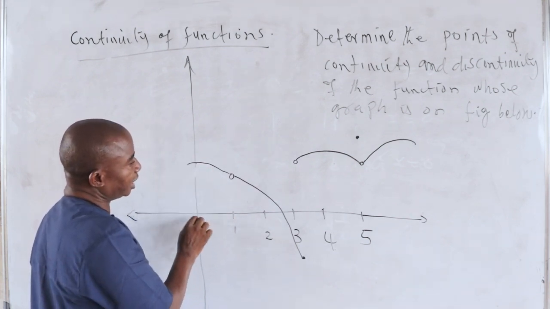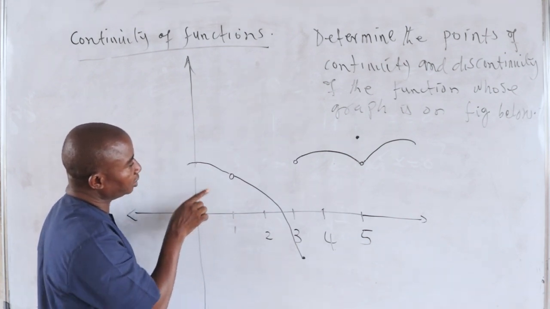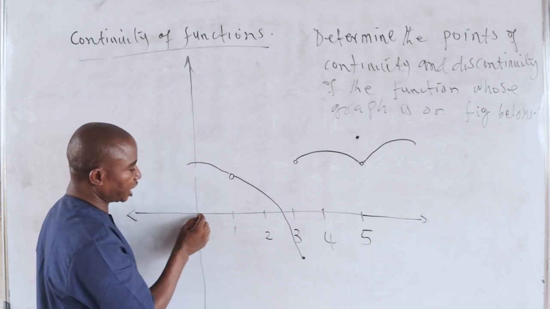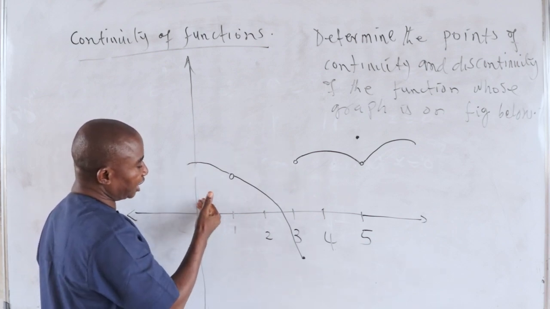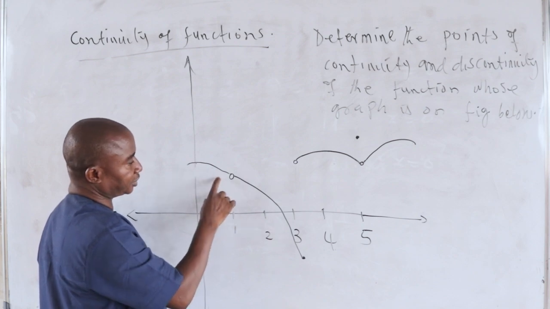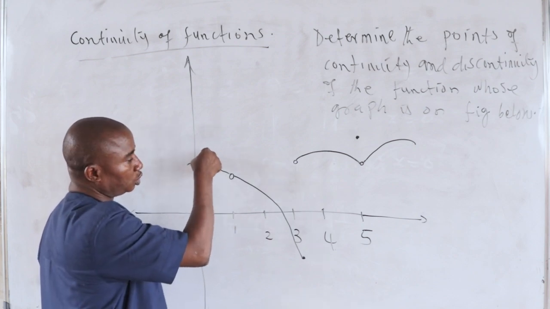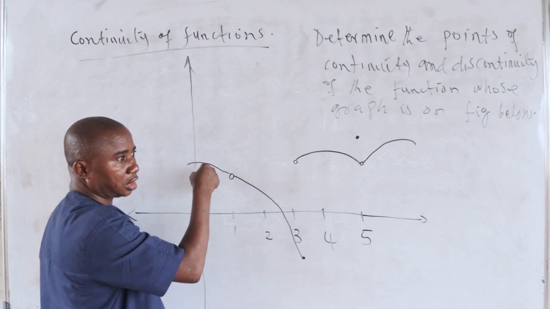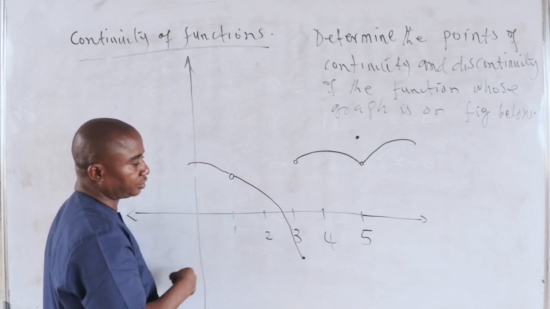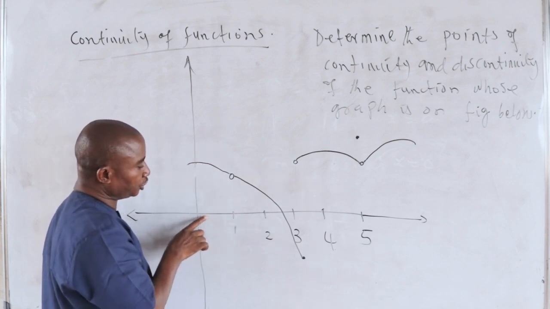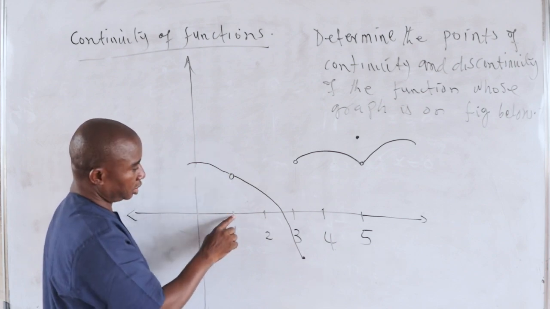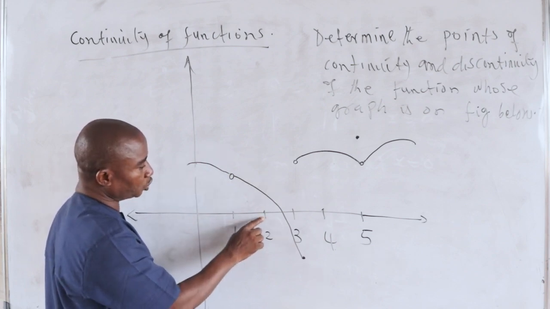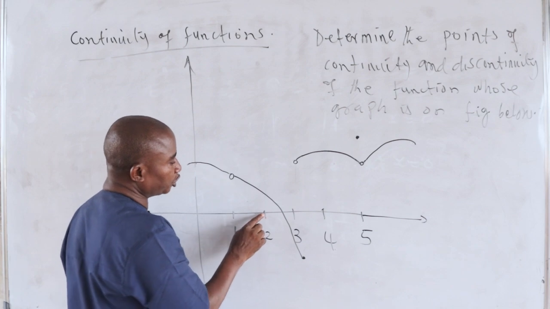And if you take a look very well, for any point you take between 0 and 1, the limit of this function, both the left-hand limit and the right-hand limit, exist, and they are always equal to the value at the point of interest. So we have continuity between 0 and 1, discontinuity at the point 1, continuity between 1 and 2, continuity between 2 and 3.